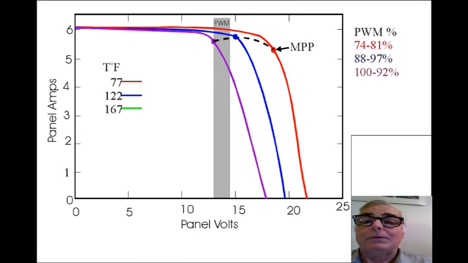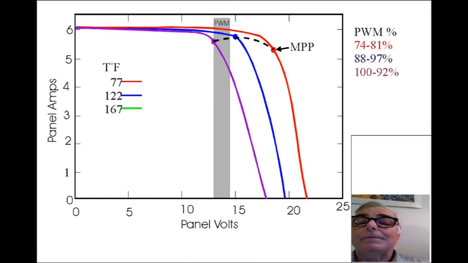At 25 degrees Celsius or 77 degrees Fahrenheit, the PWM controller gives 74 to 81% of the output of the MPPT controller. As we move up in temperature to 122 degrees Fahrenheit or 50 degrees Celsius, the PWM controller does a little bit better.